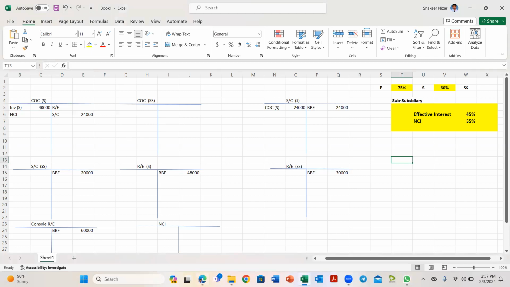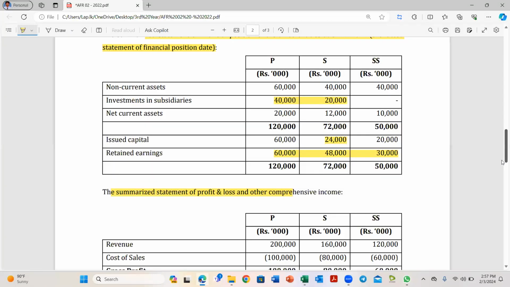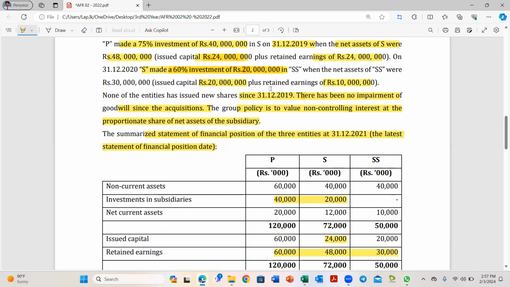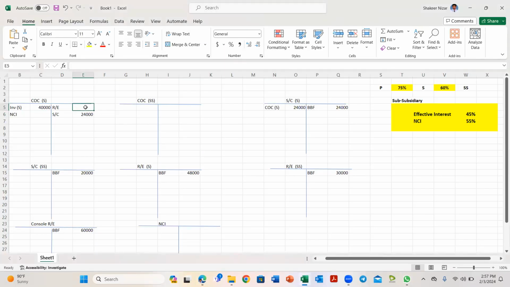Right. The retained earnings at the acquisition date, it mentioned the retained earnings balance, 24,000 here. You can see the retained earnings is also 24,000, right? What is the double entry? The cost of control is debited with the subsidiary's retained earnings, 24,000. Right? Cost of control of S. I think that is clear.